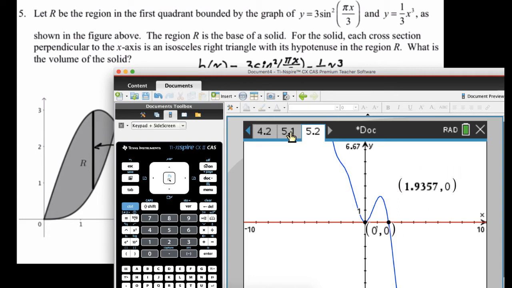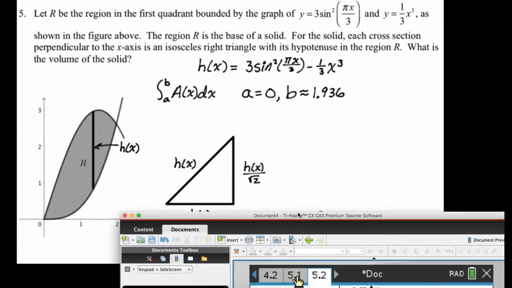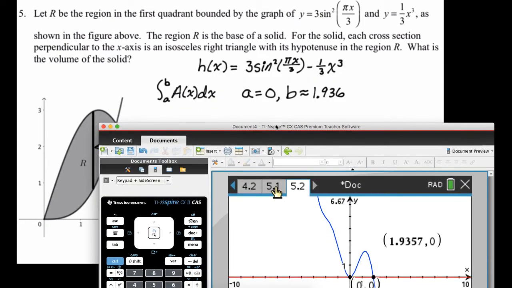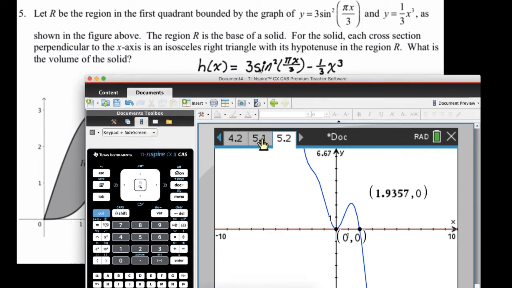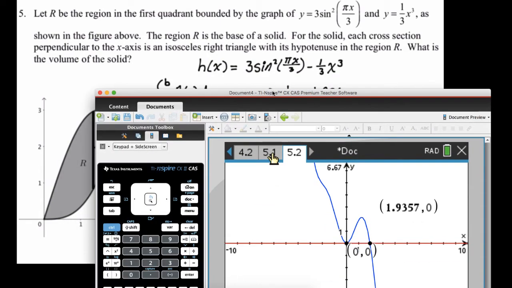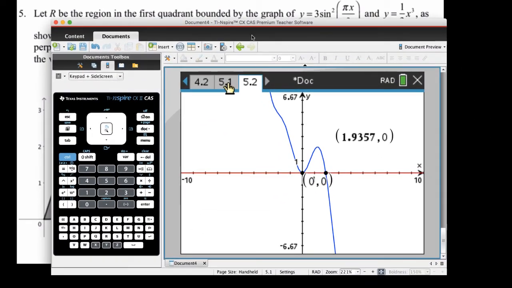All right, so I have that value. I now know that a is equal to 0 and b is equal to 1.936. So I'm going to write those down. And now what I want to do is the integral. So let's evaluate it.